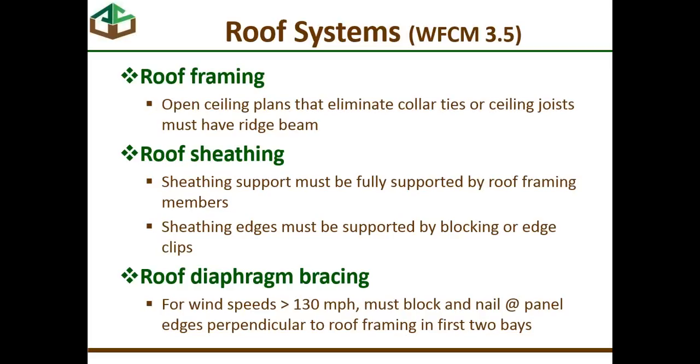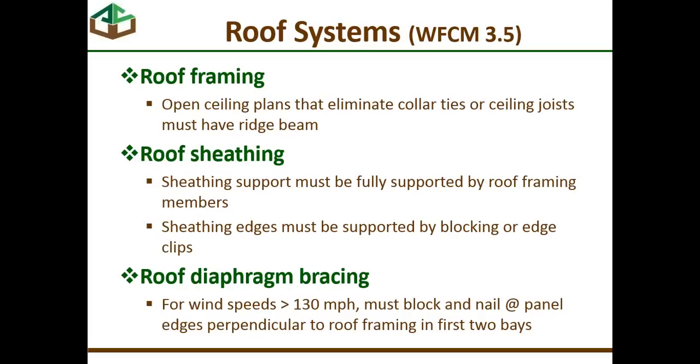And when that's the case, you need to have a ridge beam. You need to actually have a beam in the roof system that would carry the load. And instead of just having a ridge board where the load is expected to be transferred across the board from one plane of the roof to the other, when you don't have collar ties or ceiling joists, that element needs to be a beam.